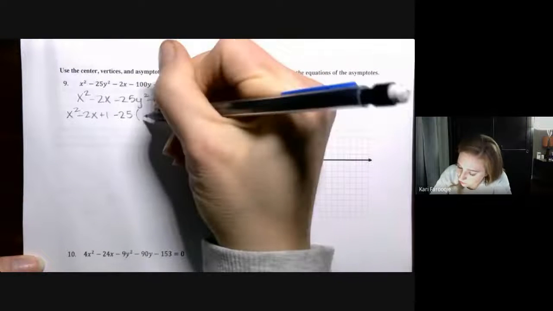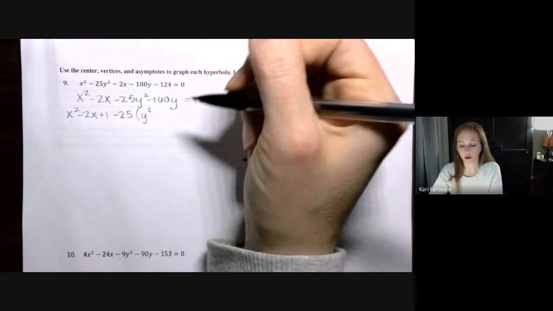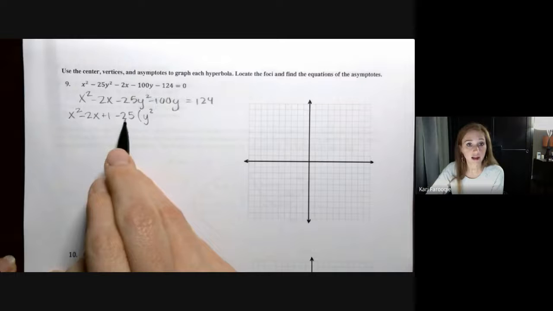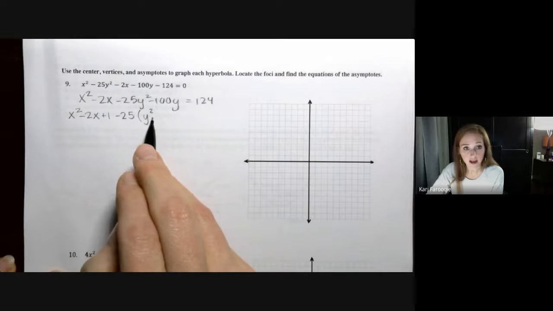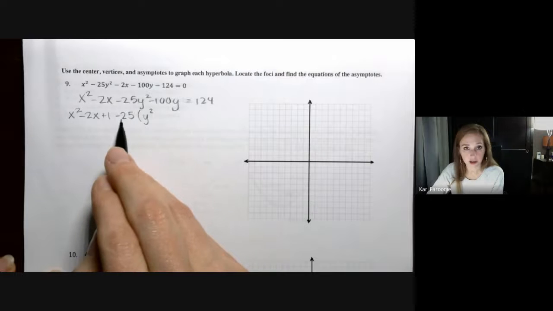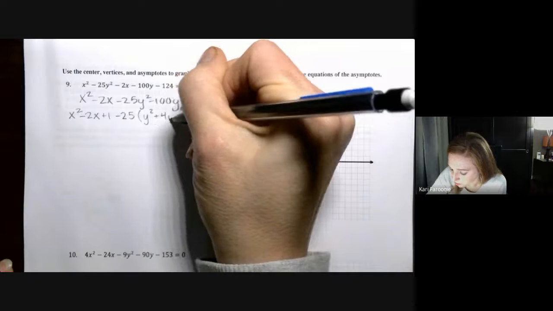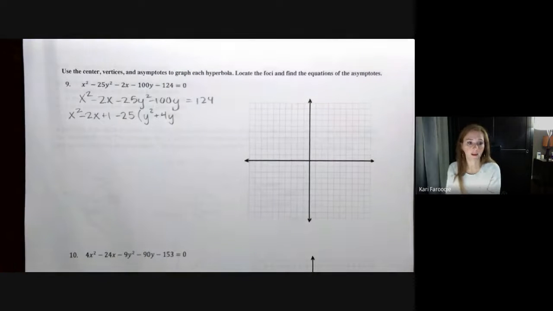Now what you have left in your parentheses is y squared. And be careful. When you're factoring out a negative 25, this sign is going to flip. So you're taking negative 100 and dividing by negative 25. And what you're going to end up here with is positive 4y. Always go back and double check and make sure that your signs are correct.